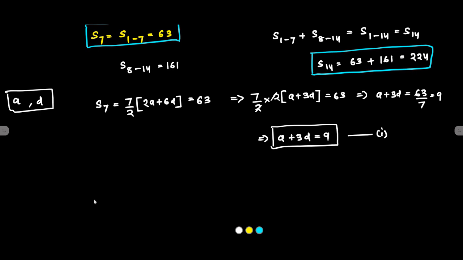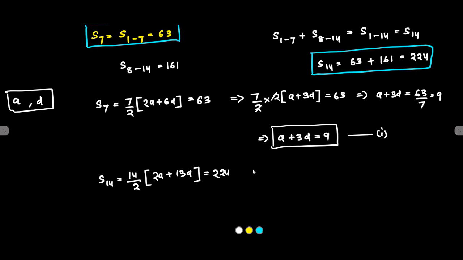Then we have S14 is equal to 224. So S14 is equal to 14 by 2 into 2a plus n minus 1, in this case n is equal to 14. So here it will be 14 minus 1, which is equal to 13d, equal to 224.